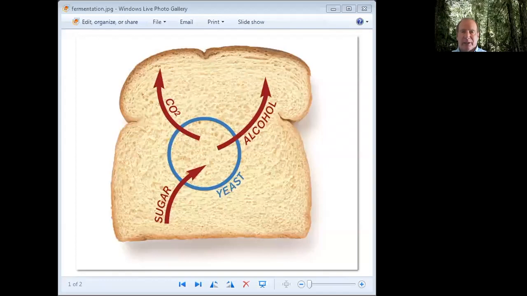So, by the way, one of the other things that comes out of this reaction in combining yeast with sugar is something known as alcohol.